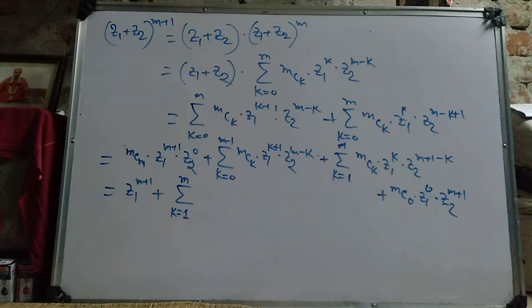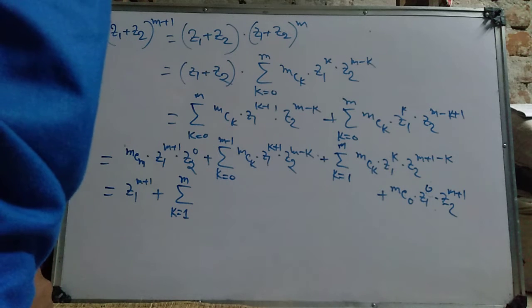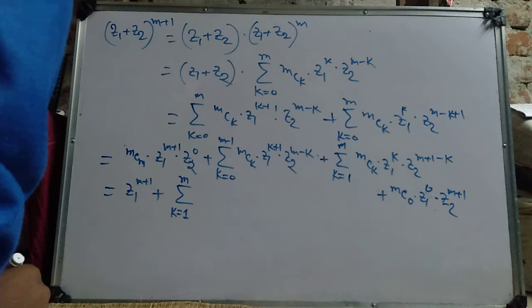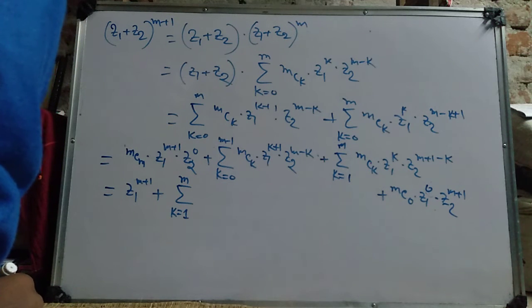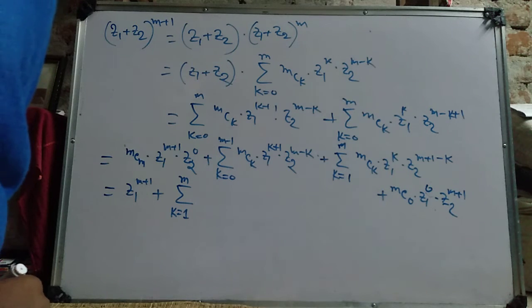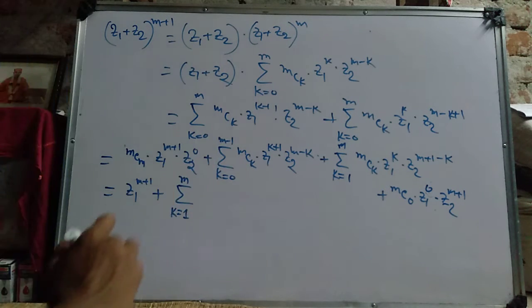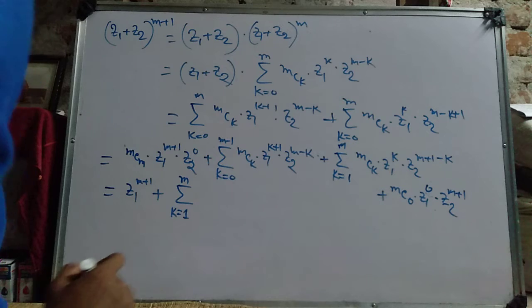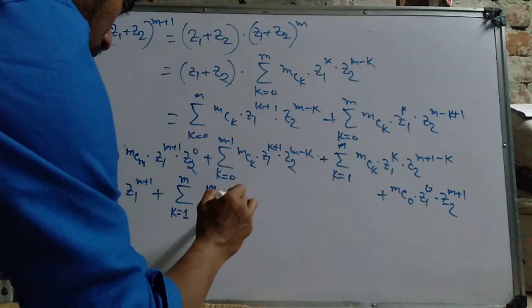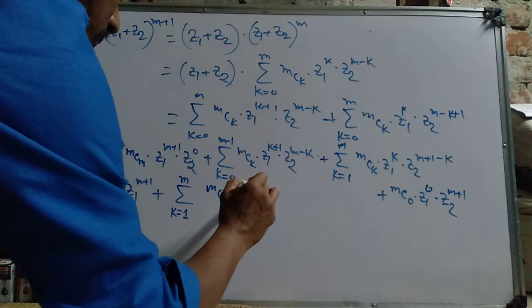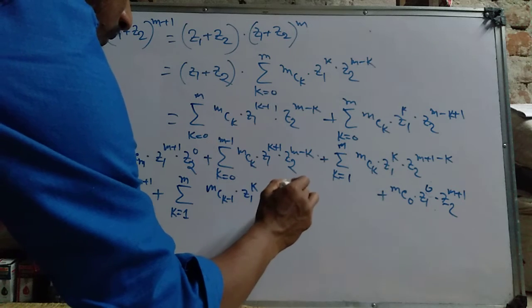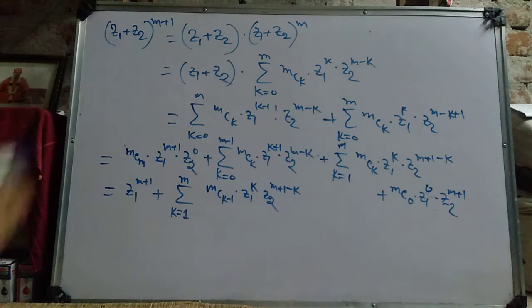Then what happens, that means if we write here k plus 1 equal to k, then we put k equal to 1, and just change something. If we write 0, then here mC(k minus 1) z1 to the power k and z2 to the power m plus 1 minus k, because m minus (k minus 1) means m plus 1 minus k.